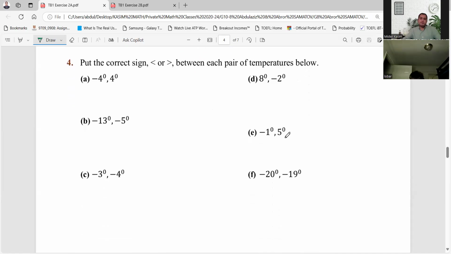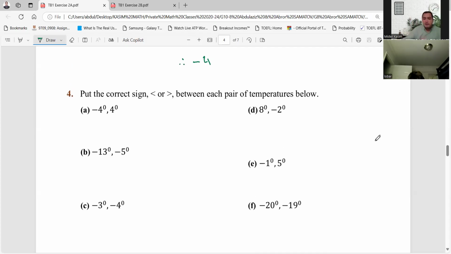Question 4. Put the correct sign, less than or greater than, between each pair of temperatures below.